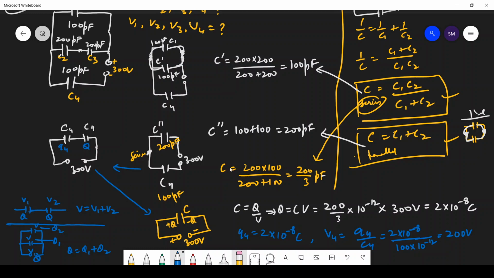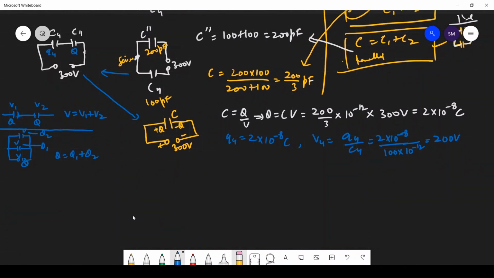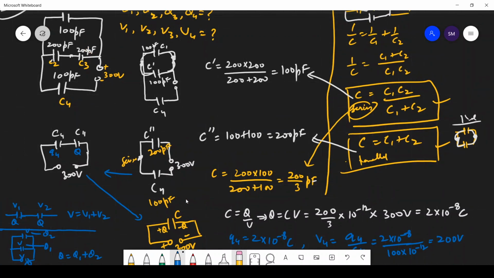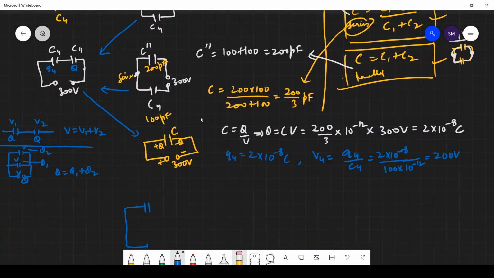What do we know about this C double dash? Let us draw this again. So this circuit we have got from this, so either this or this is the same. Let us draw them.